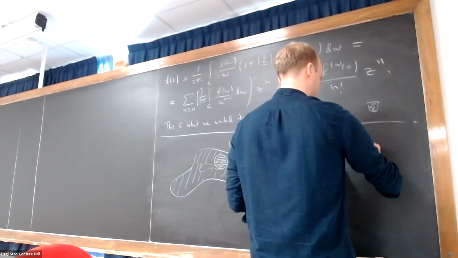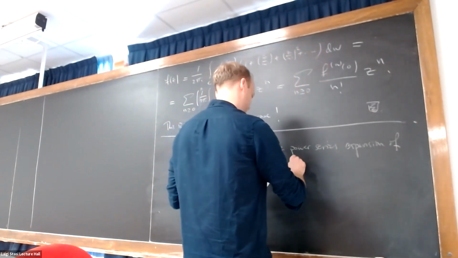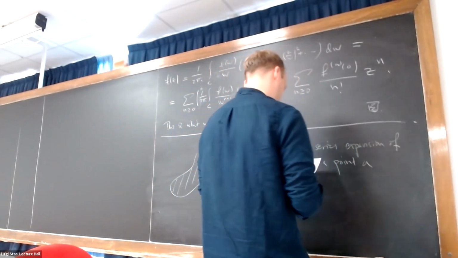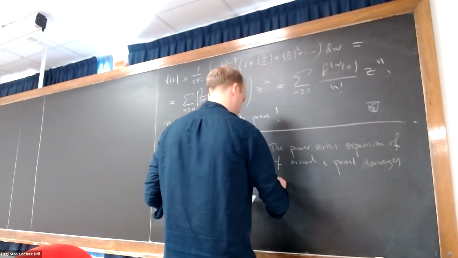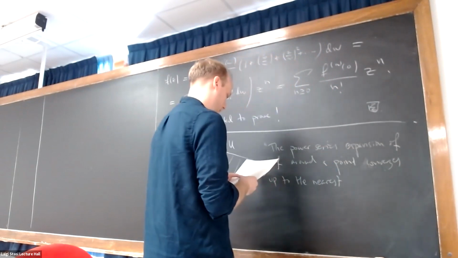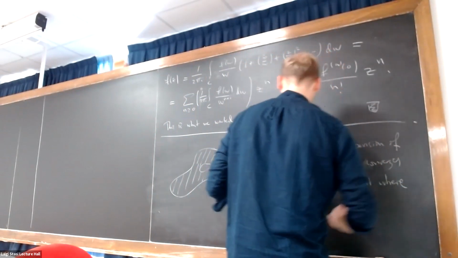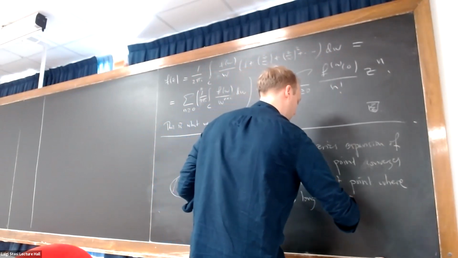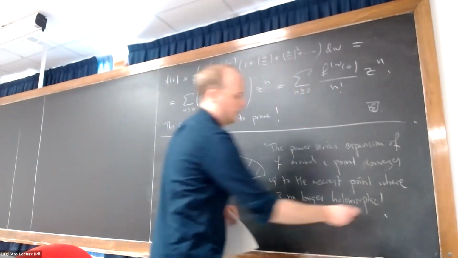The power series expansion of f around the point a converges up to the nearest point or the nearest place where f is no longer holomorphic.